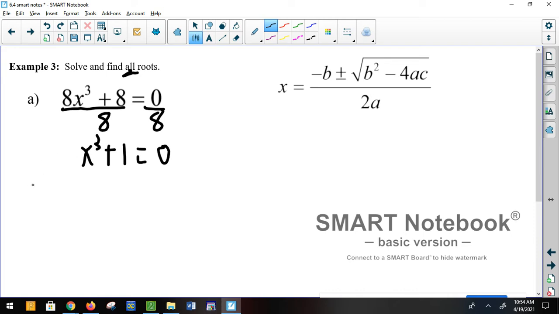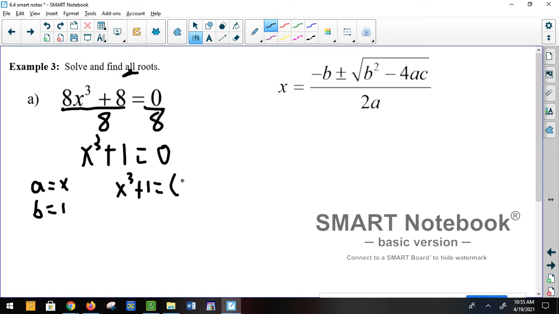Now, in this case, a is going to be the cube root of x cubed, so x. And b is going to be the cube root of 1, which is 1. So now you have x cubed plus 1 is equal to, let's just write out the formula again.